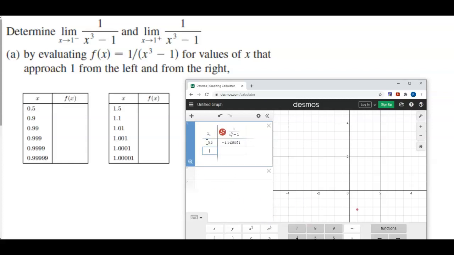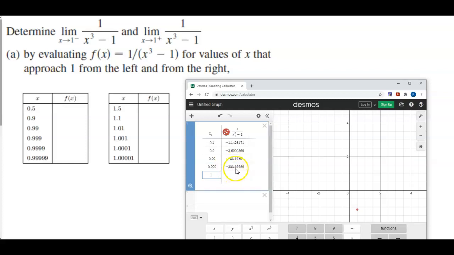So we have 0.5, we get negative 1.14. 0.9, then we get negative 3.69. 0.99, we get negative 33.6. 0.999, we get negative 333.6. 0.9999, we get negative 3,333.6.